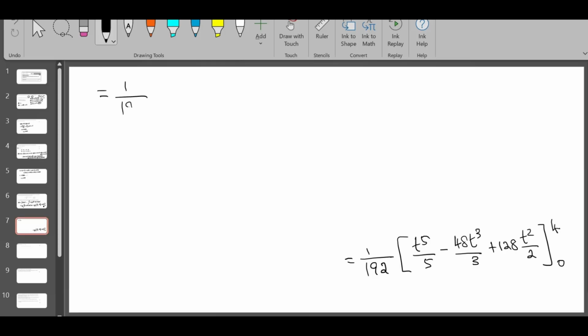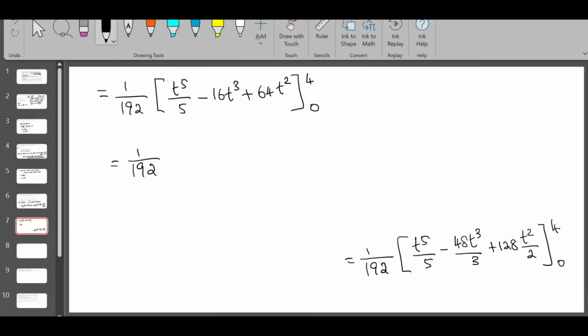1 over 192 times t to the power 5 over 5 minus 48 over 3, which is 16, times t cubed, plus 64t squared. We are dealing with a bit smaller numbers when you simplify.